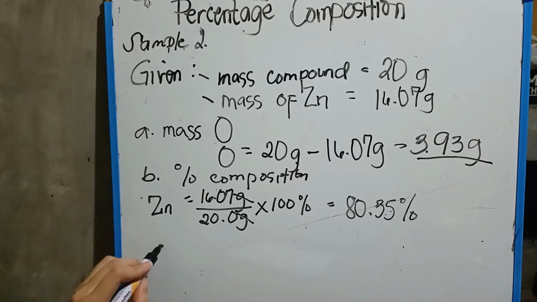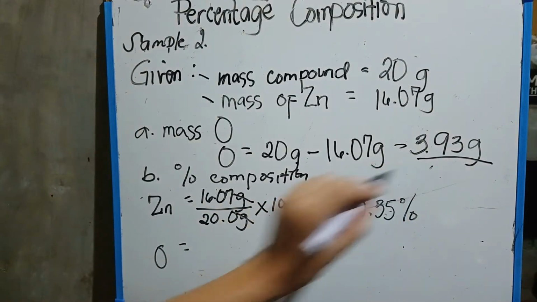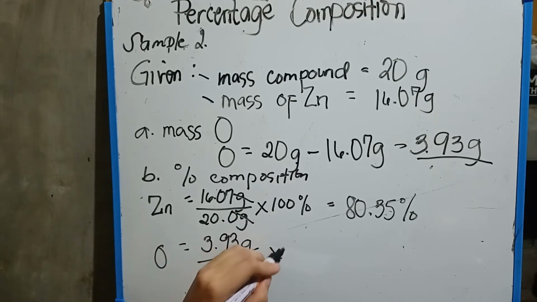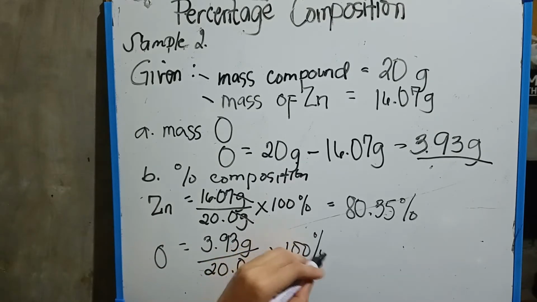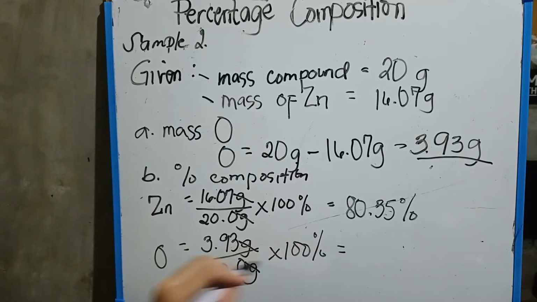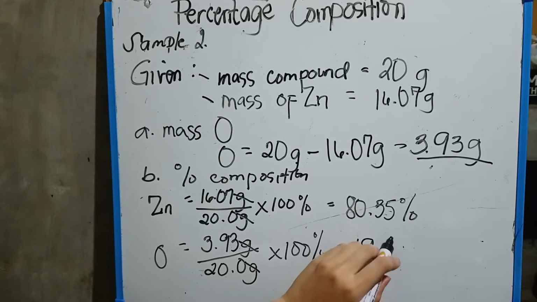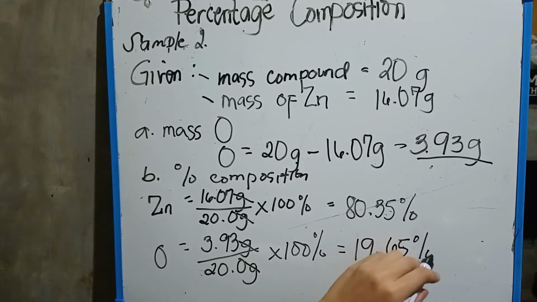So our zinc is equivalent to 80.35%. How about our oxygen? Copy 3.93 grams divided by 20.0 grams times 100%. Cancel out the grams, so it's 3.93 divided by 20 multiplied by 100, which is equivalent to 19.65%. How will we determine if the total is 100%?